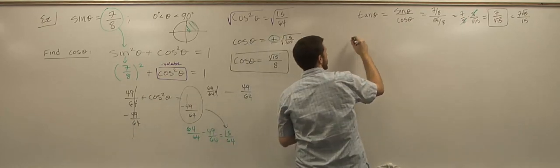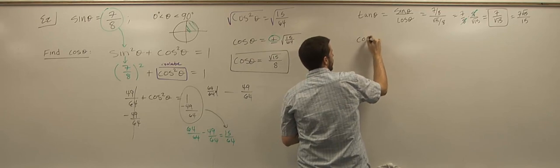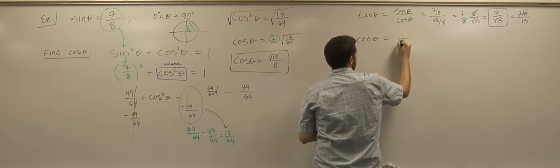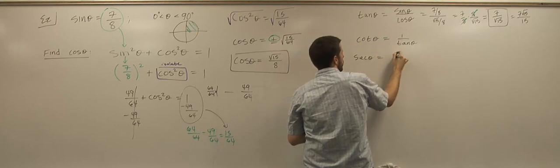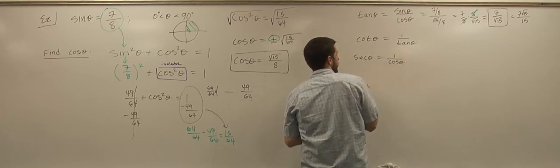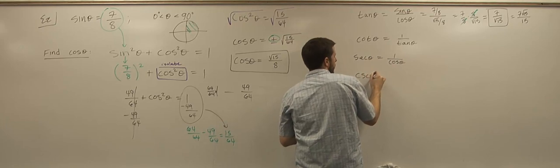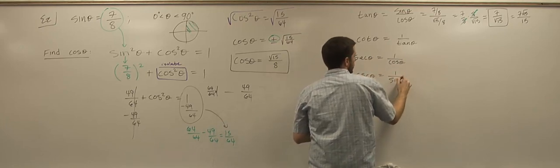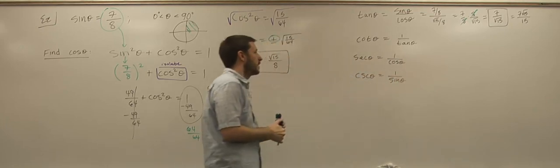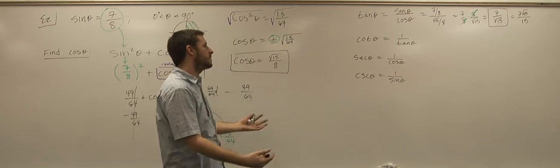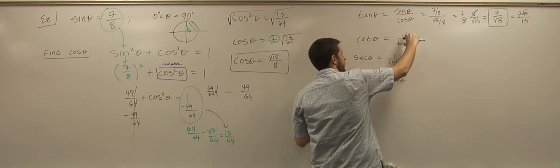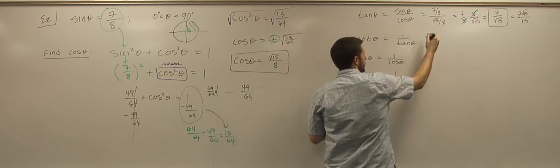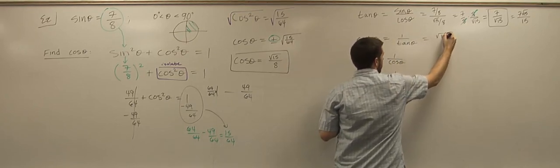You guys know how to get the last three? Cotangent theta is 1 over tan theta, so flip tangent theta. Secant theta is 1 over cos theta, so flip cosine. And cosecant theta is 1 over sine theta, so flip sine. You don't have to make a big deal out of it at this point. Cotangent is the reciprocal of tangent, so you can just flip it.